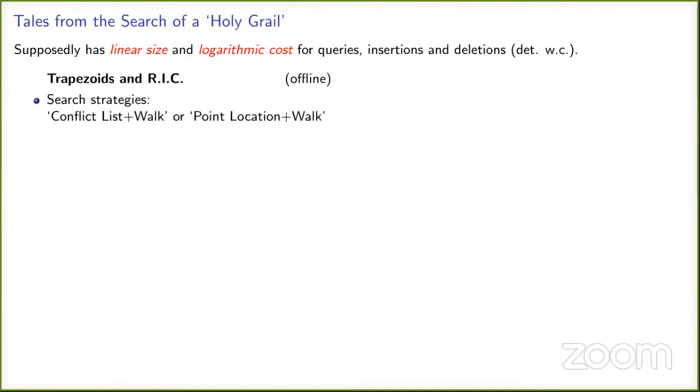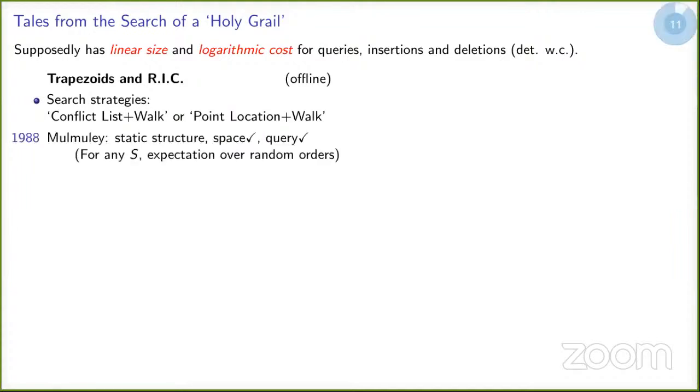And there are basically two different approaches in that regime. The one that is known as conflict lists plus walk for the search that identifies those things in the structure that need to be changed. And the other big approach was the point location plus walk approach.